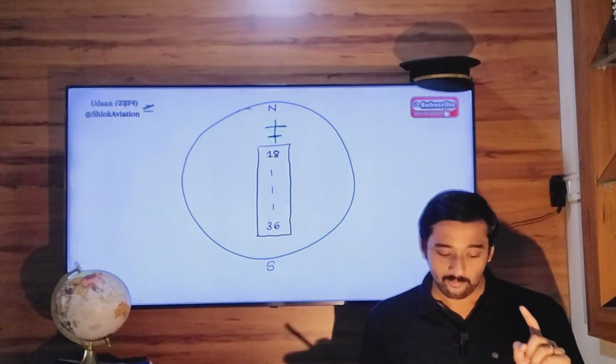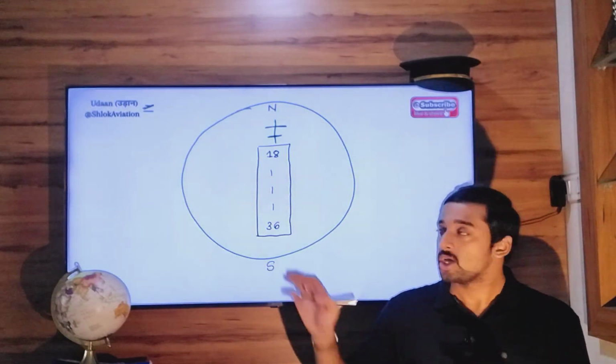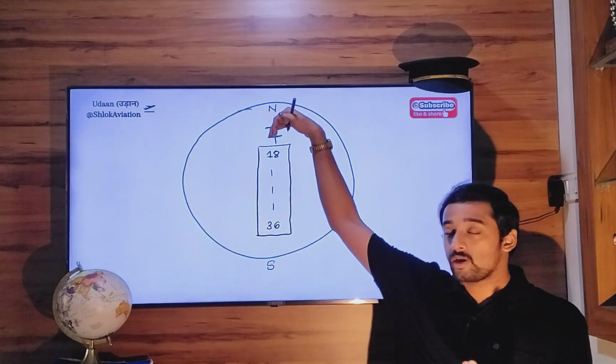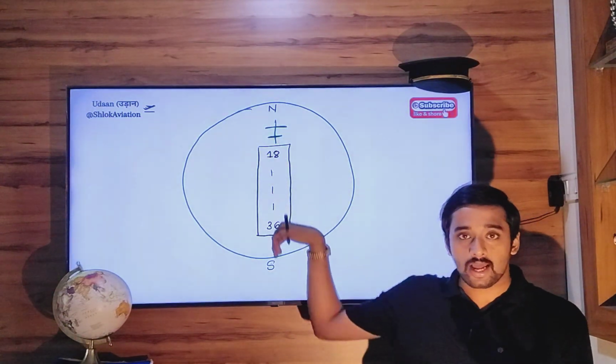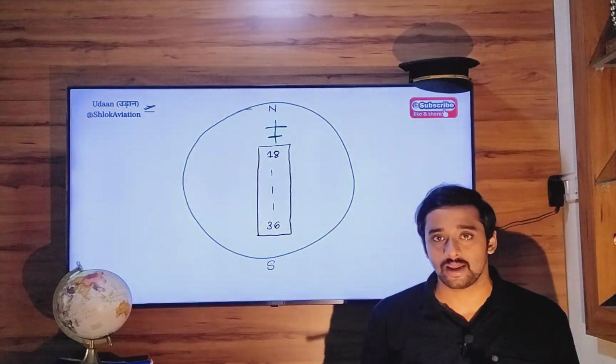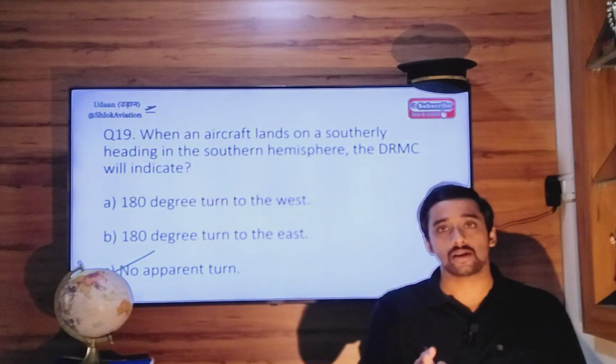But in this case, you are landing on runway 18, which means you won't be turning your aircraft. You will land straight ahead, following the direction of the runway. So if you're not turning your aircraft, you won't be subject to any turning errors. So no apparent turn, because you will be landing straight on runway 18.